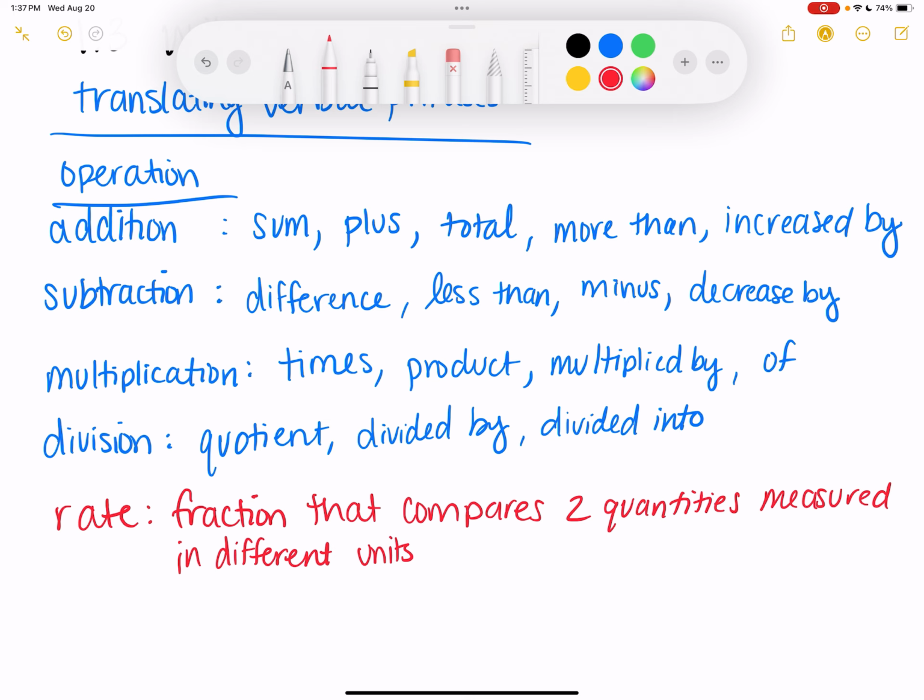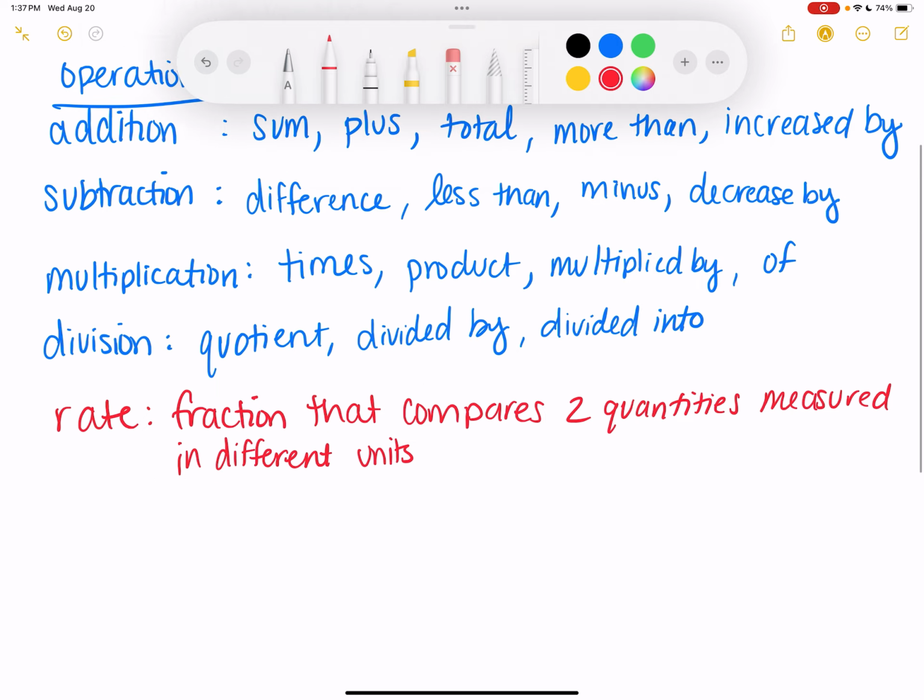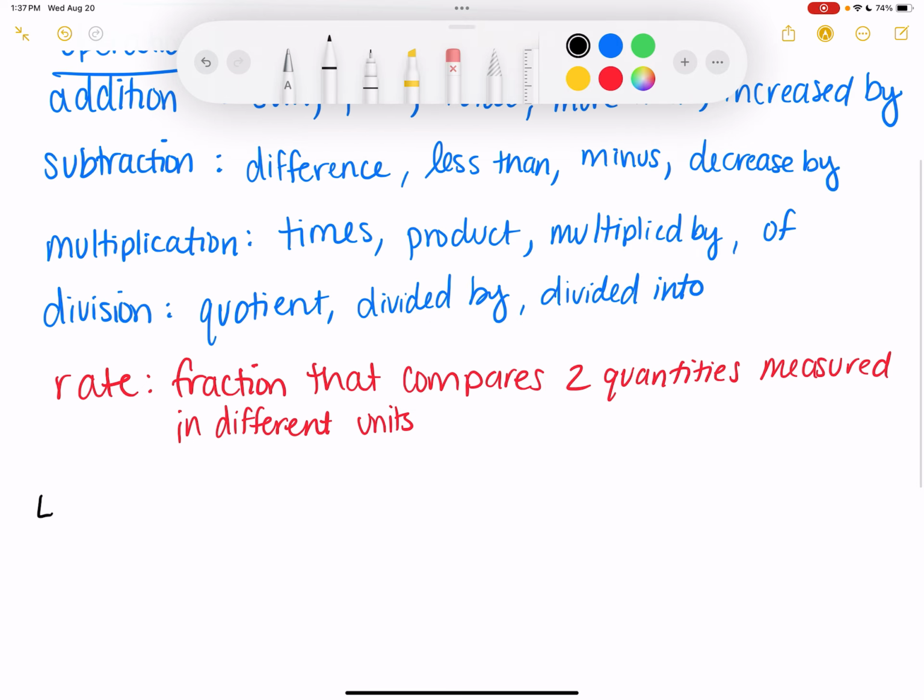So to jump into some problems, translate the verbal phrase into an expression. So we've got the product of 6 and a number y.